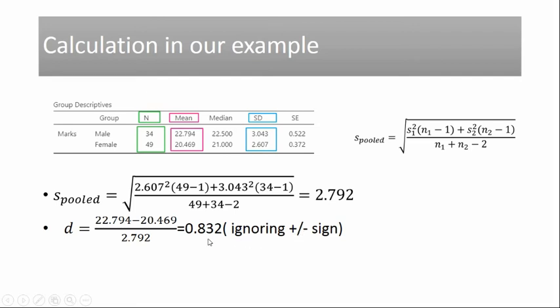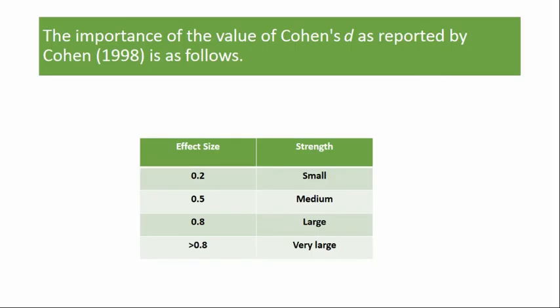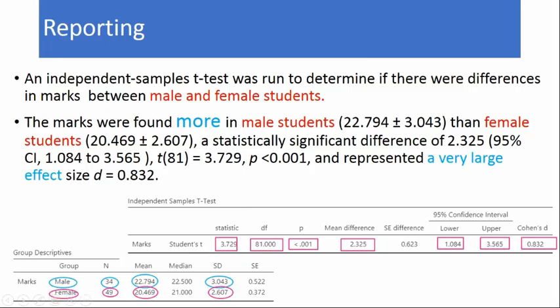In this way, we can calculate Cohen's d effect size. This is the criteria. If your value is less than 0.2, the difference is small. Between 0.2 and 0.5, the difference is medium. 0.5 to 0.8, the difference is large. If your value is greater than 0.8, the difference is very large.